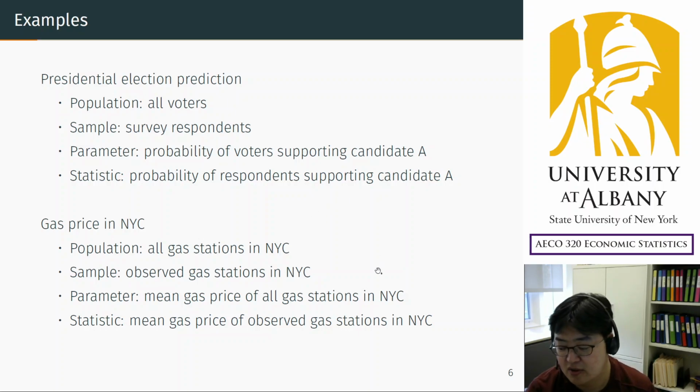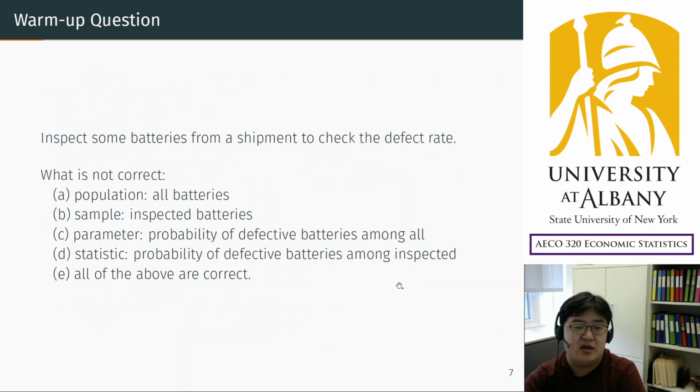So these are simple examples to set up the ideas and the terminology. Here, let me ask you one last question about this structure. Suppose that now we are changing the example. I used this example before. Suppose that you are inspecting batteries.